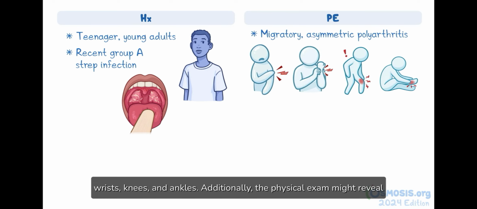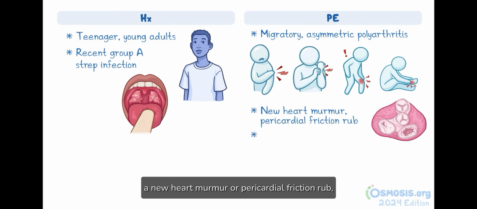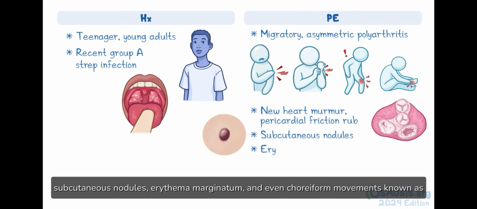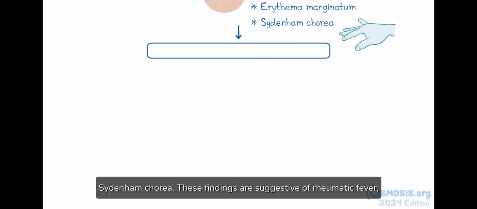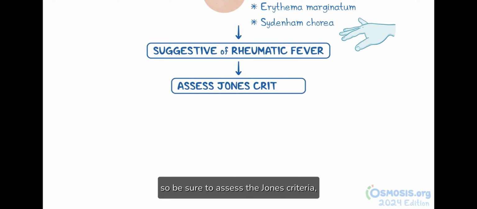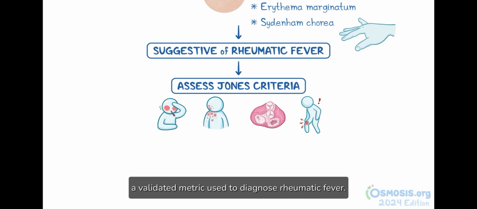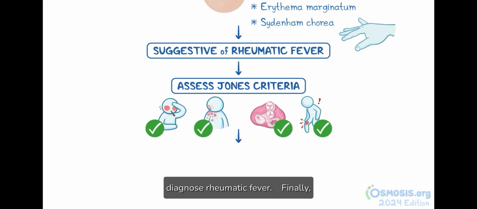Additionally, the physical exam might reveal a new heart murmur or pericardial friction rub, subcutaneous nodules, erythema marginatum, and even choreiform movements, known as Sydenham chorea. These findings are suggestive of rheumatic fever, so be sure to assess the Jones criteria, a validated metric used to diagnose rheumatic fever. If your patient meets the criteria, diagnose rheumatic fever.